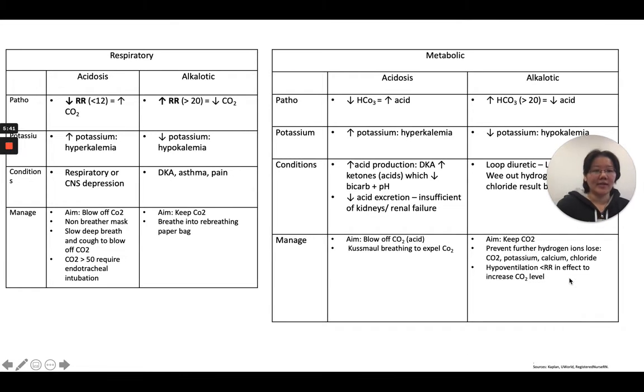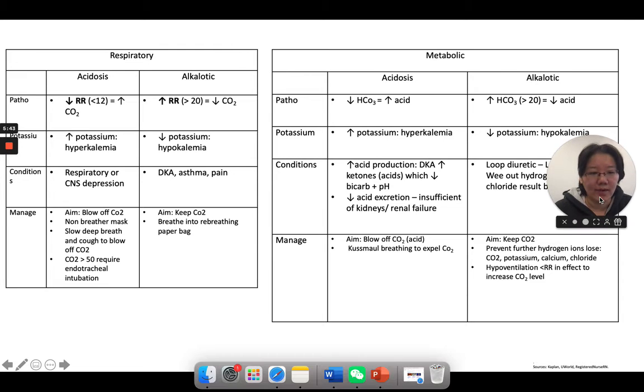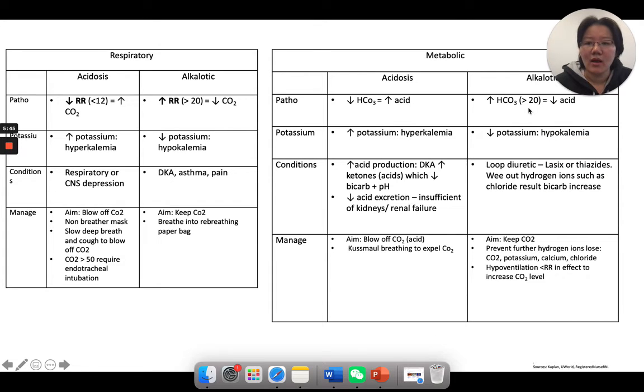We're going to talk about arterial blood gases. But before we get into how we know the value, like how do we tell whether it's respiratory acidosis or respiratory alkalosis, we'll get to that a bit later. First, for respiratory acidosis, you have decreased respiration, which means increased CO2.